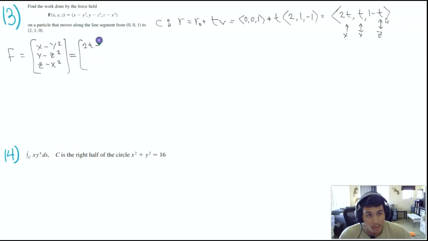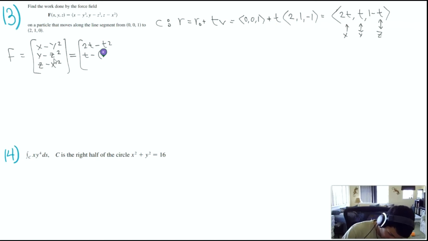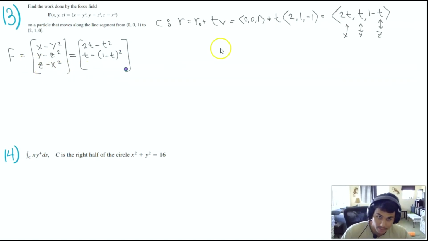If you substitute this into here, you get t squared. Now y, substitute t for y, you get t. Substitute 1 minus t into this, minus 1 minus t squared. We'll follow that out later. z is this thing.